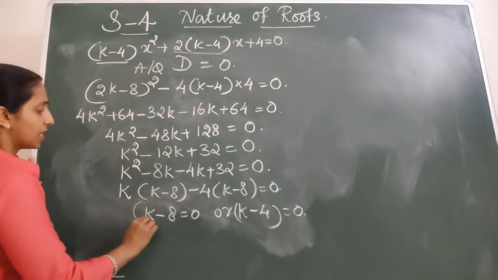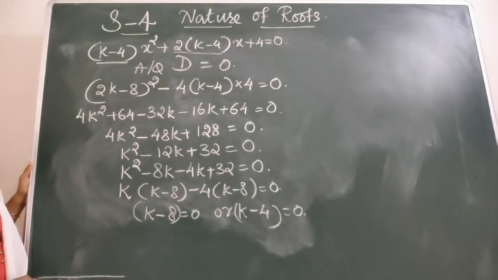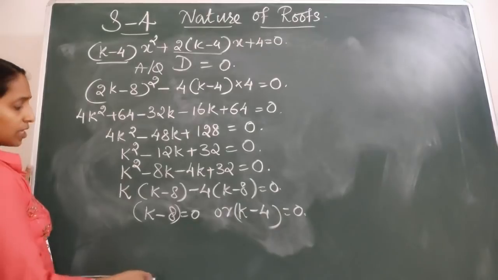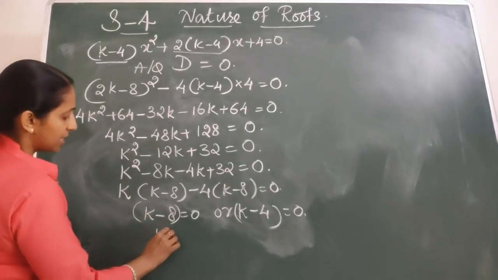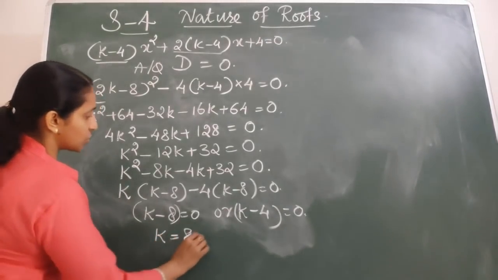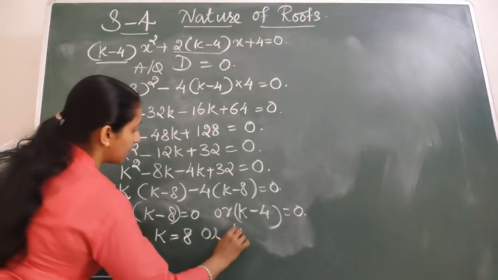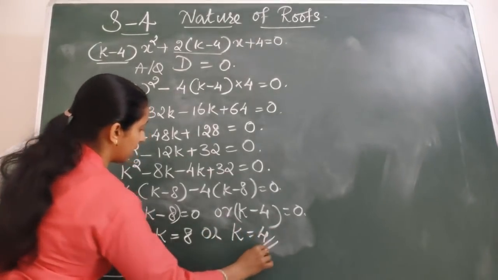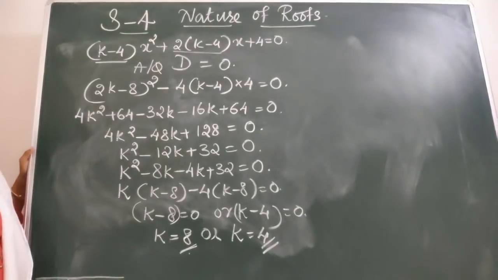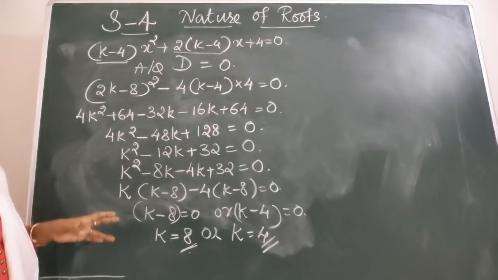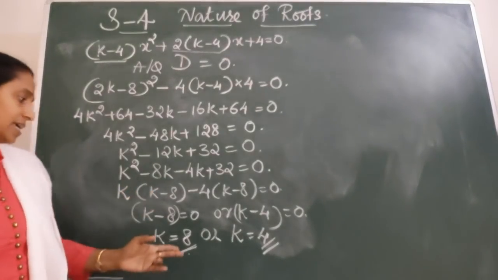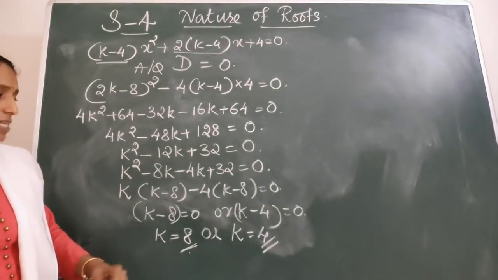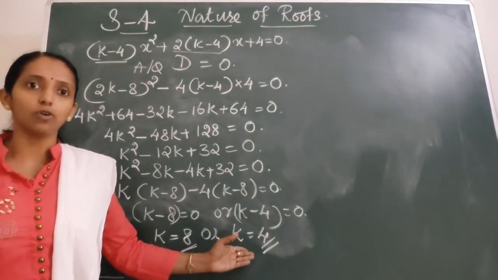That implies k equal to 8 or k equal to 4. So we got two values for k. Either k takes the value 8 or k takes the value 4.